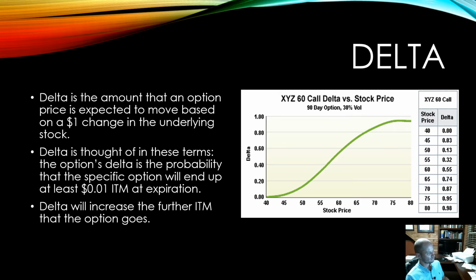And the further in the money that an option goes, delta is going to increase. Delta will increase all the way to a value of 1. And once it gets to a value of 1, it can't go any more because it moves 1 for 1 with the underlying price, so there's nothing else that it can capture.